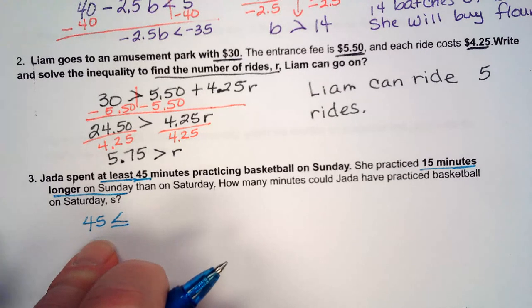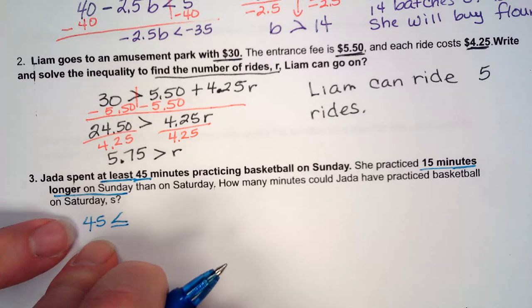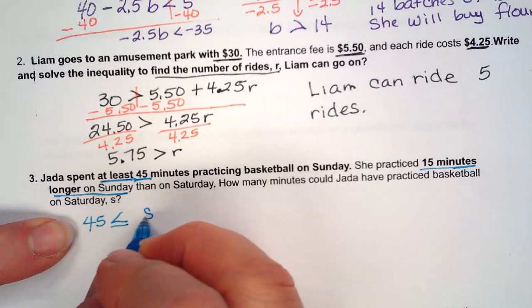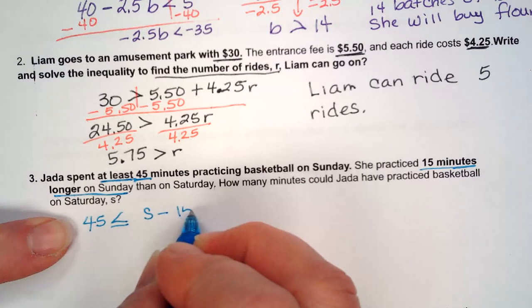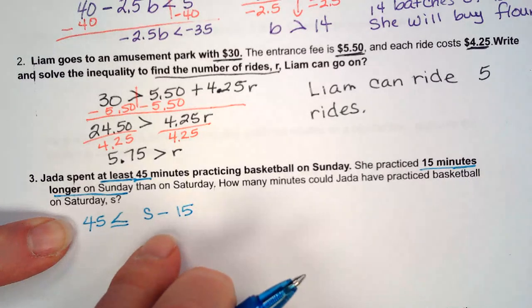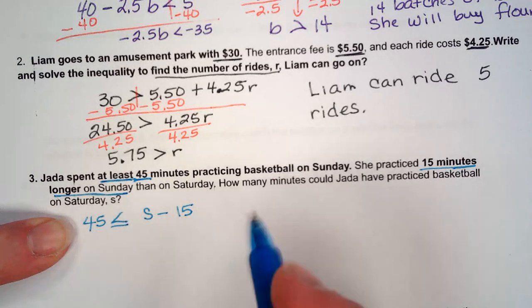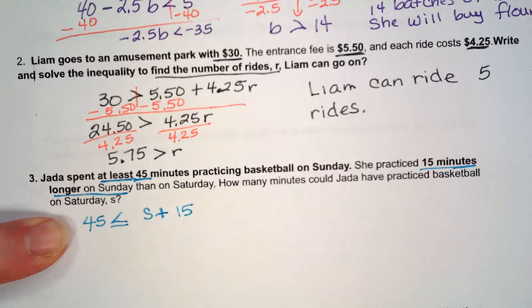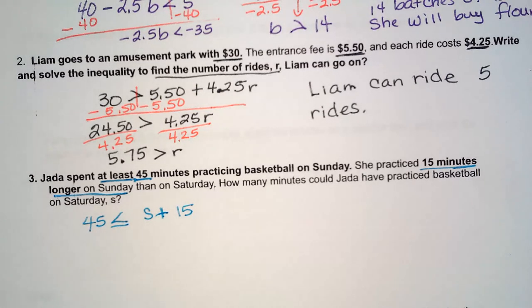So she practiced 15 minutes longer on Sunday. This is the amount she practiced on Sunday. So I'm going to take S and add 15, because the 15 minutes plus whatever she did on Saturday is what she would have done.